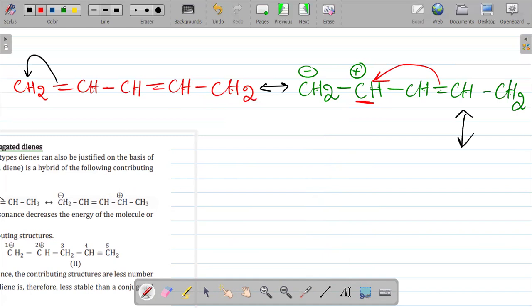That structure has a CH2, and we have a negative charge on this carbon, and then we have a CH. When I shift this double bond from carbon number three to carbon number two, this positive charge is removed, and a double bond is formed.